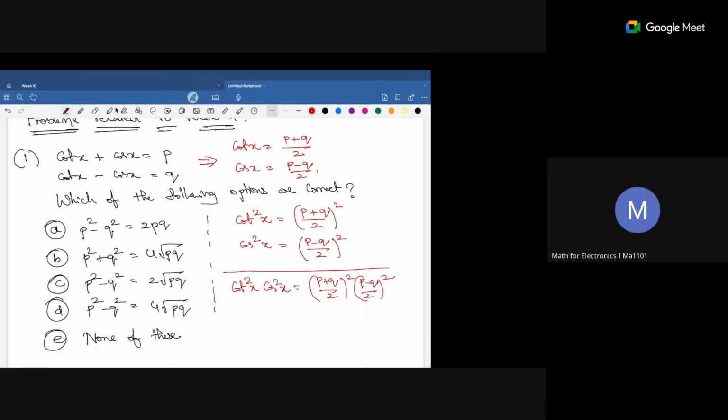I know what cot square is in terms of sine and cos: cot x is basically cos x by sine x, so cot square x is cos square x by sine square x, and there is another cos square x here. On the right hand side you have ((p square minus q square) divided by 4) whole square.